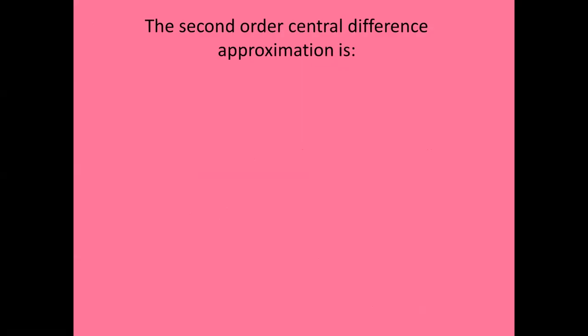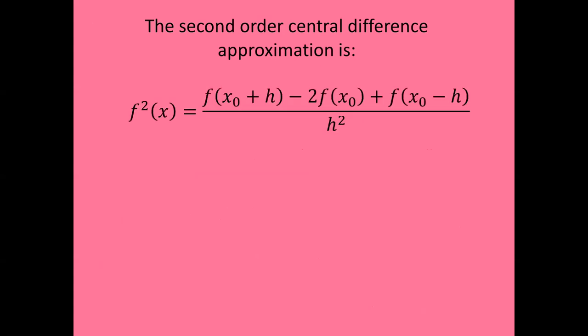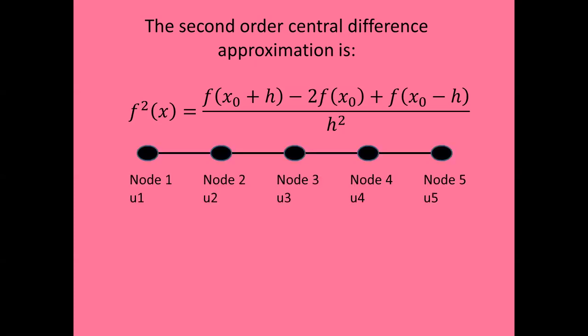The second order central difference approximation is given by this. We have already derived it in the previous classes. So the first step in the finite difference method is to discretize the domain itself. So we are assuming that we have a beam and it has been discretized into four equal sections.